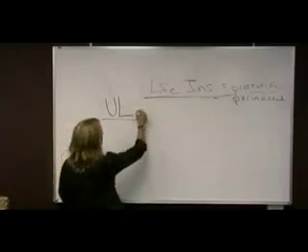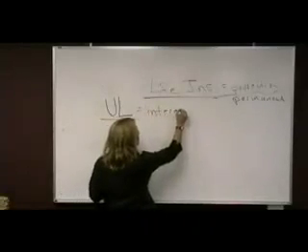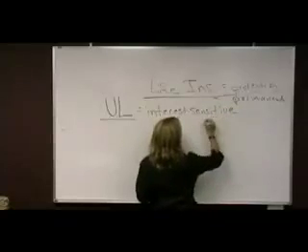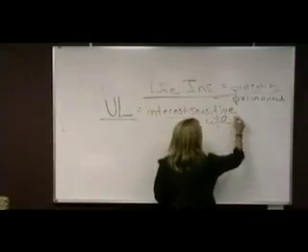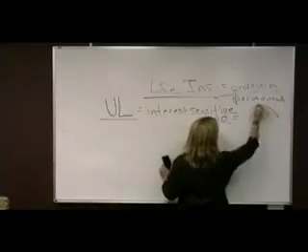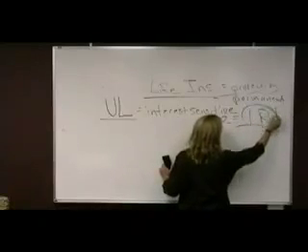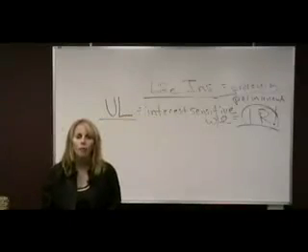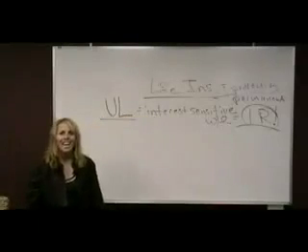Universal life is sometimes called interest-sensitive whole life. If you have a client that wants to buy a product that is tied to the current interest rates, you will sell them universal life.